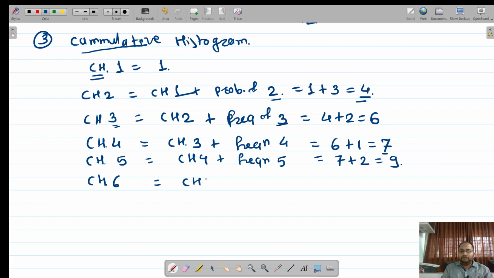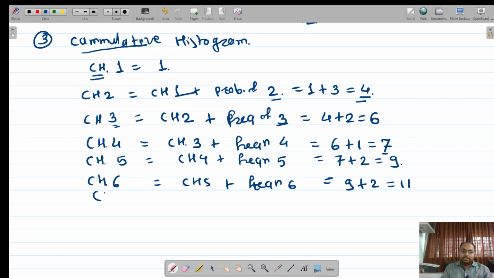So CH5 plus the frequency of occurrence of 6. The cumulative histogram is coming as 9, and the frequency of 6 is again 2. So therefore it is 11.